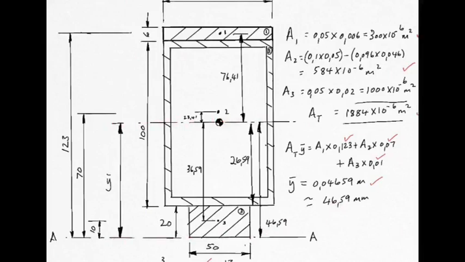So before we carry on, let's decide where the outermost fibers are that are furthest from the centroid. Now, it's 46.59 millimeters from the reference edge to the centroid, and it is more than 46.59 from the centroid to these fibers here. So in your final calculation, just remember that this is going to be the distance that you are most interested in.